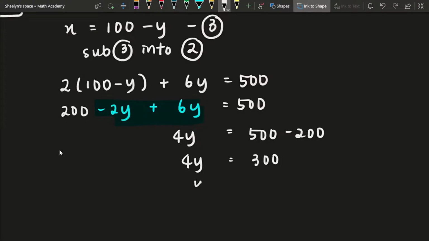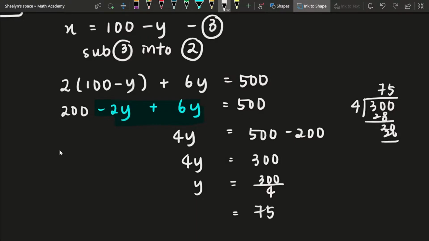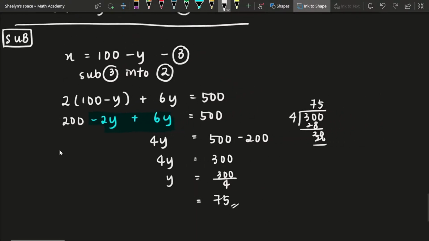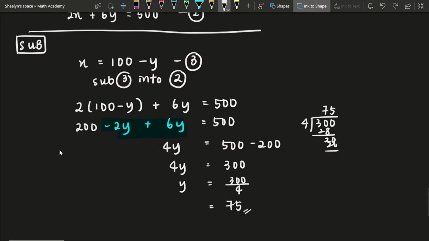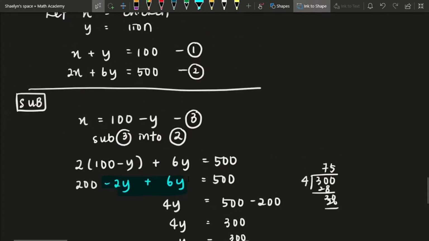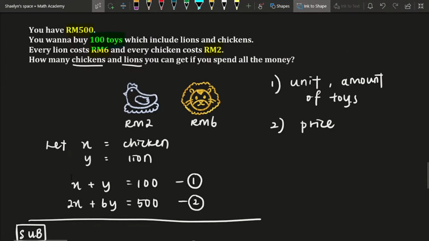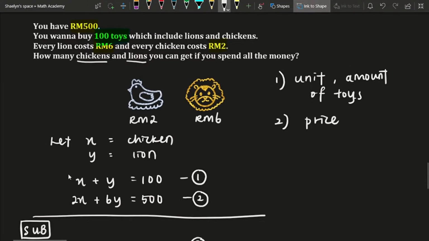And then for y, you move the 4 to the right hand side. It is 300 divided by 4. 300 divided by 4 will be 75. So we already find the first variable, which is y. What is y? y is actually the lion. But we are not done yet.